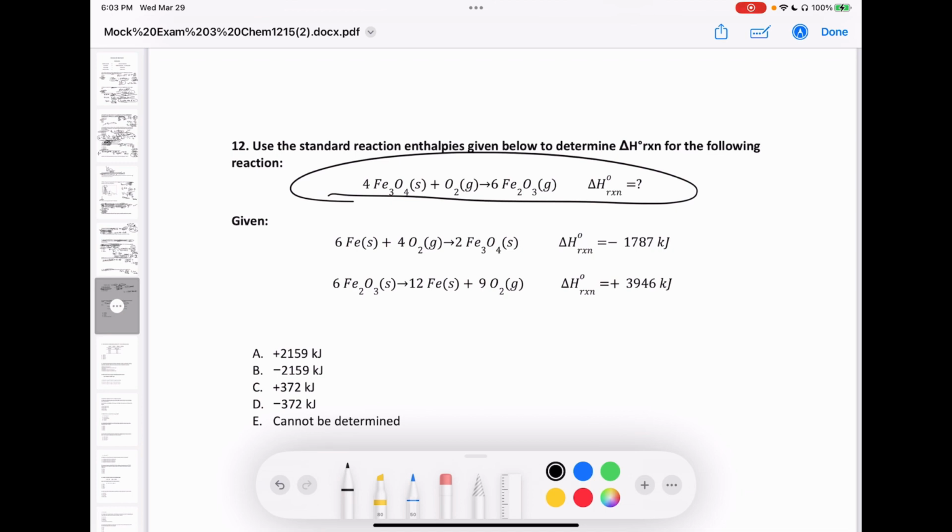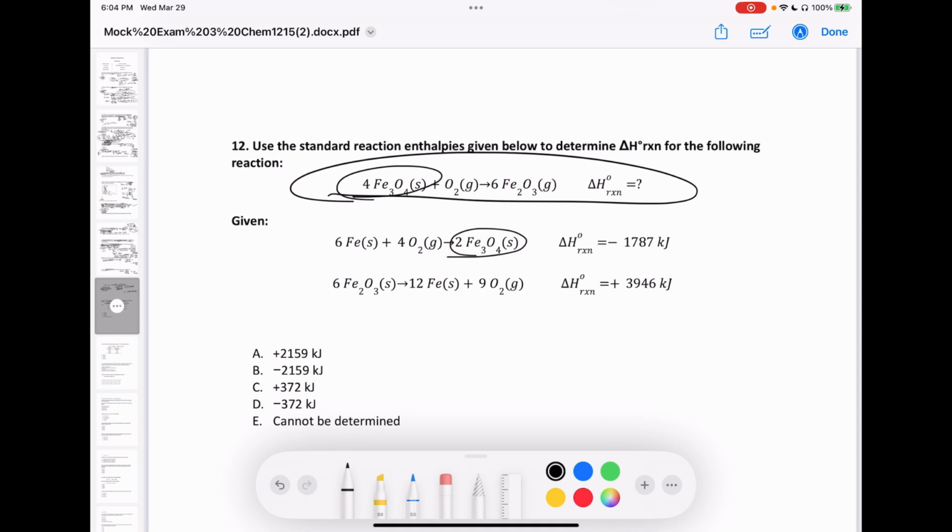So if we start with the first one, this 4 moles of iron 3 oxide, Fe3O4, I think, yeah. We know the only place in these equations where it appears is right here. And it's on the products, and we want it on the reactants.